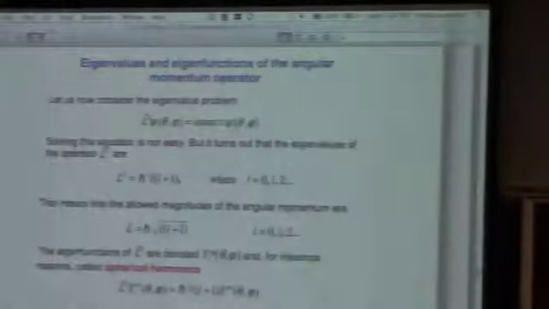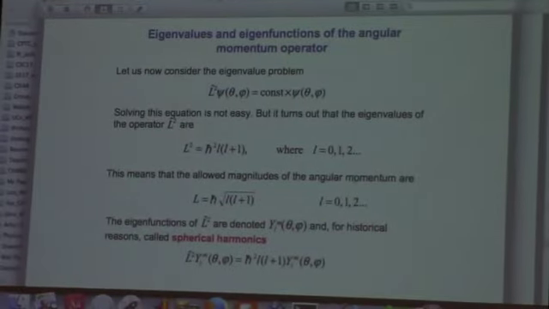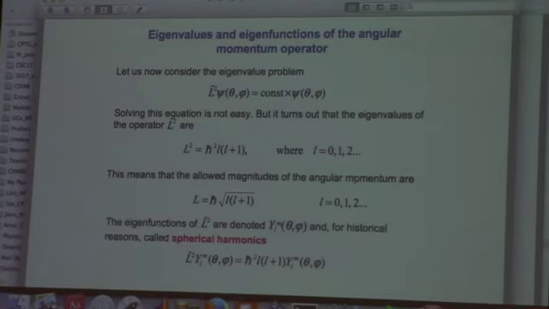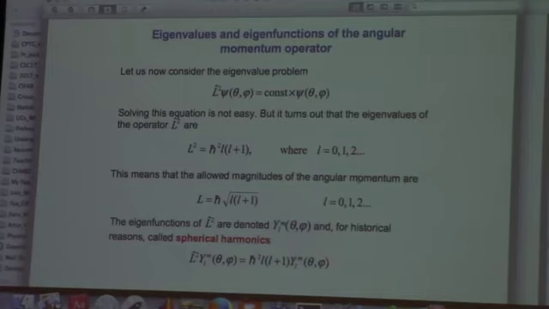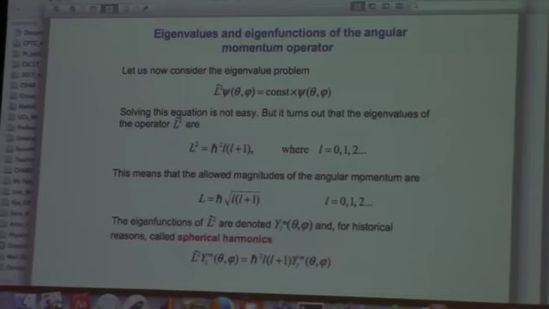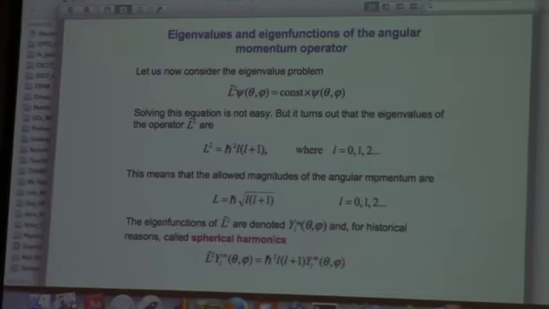And now the functions themselves, the ones that you also saw in general chemistry: s is a spherical function, p is like a dumbbell shape. These are encoded in the so-called spherical harmonics. Those are eigenfunctions of this problem, okay?